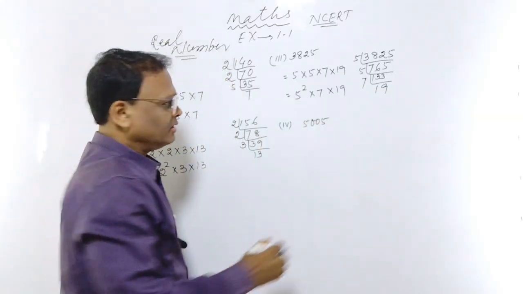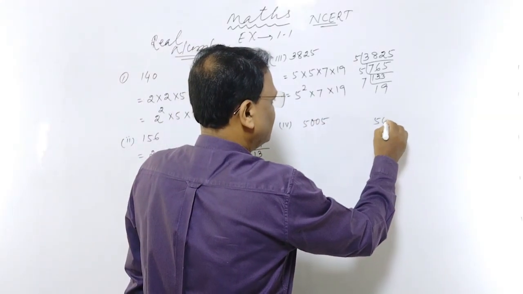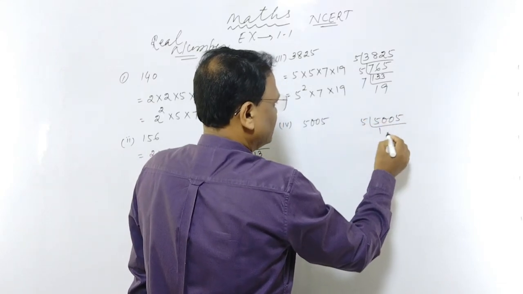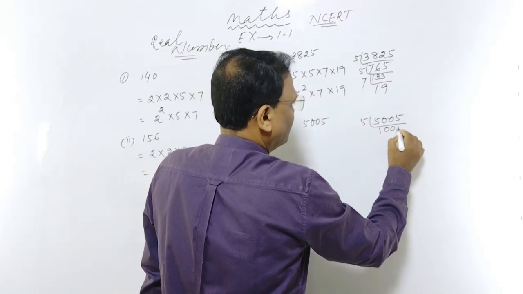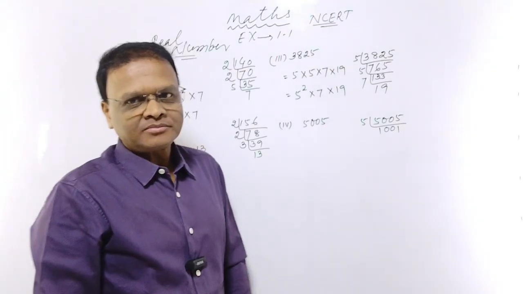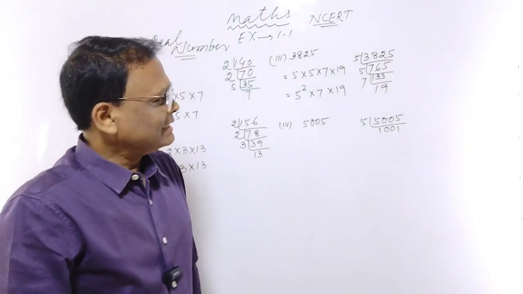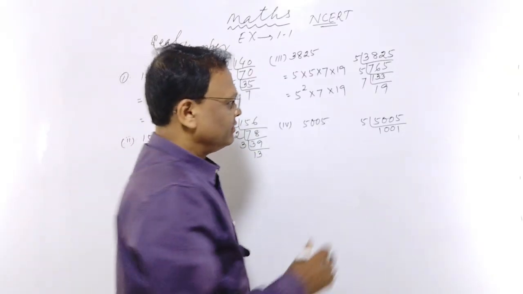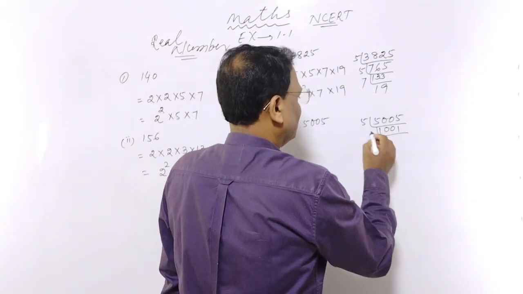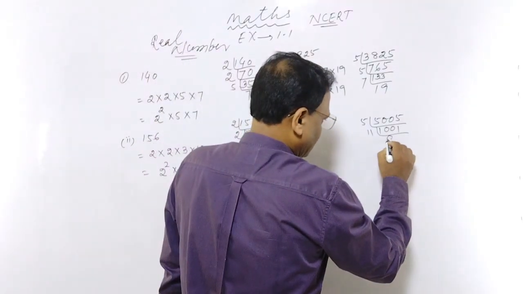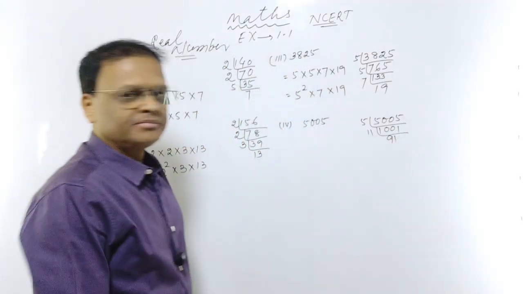So let's begin with 5005. 5 1s are 5, 0, 0, 5 1s are 5, 1001. Now you think, in which number is this 1001 divisible? If you take 11, 11 9s are 99, 11 1s are 11, 91.